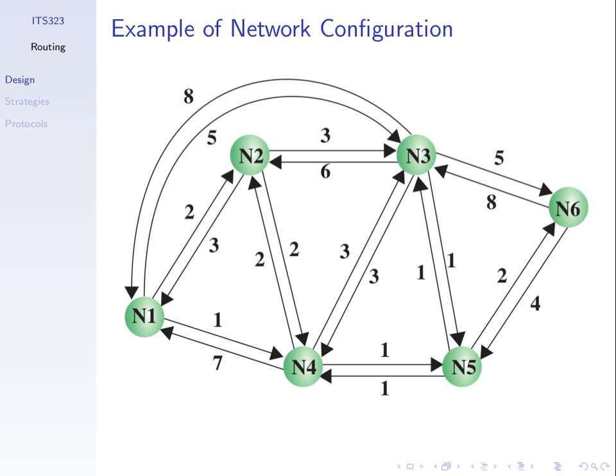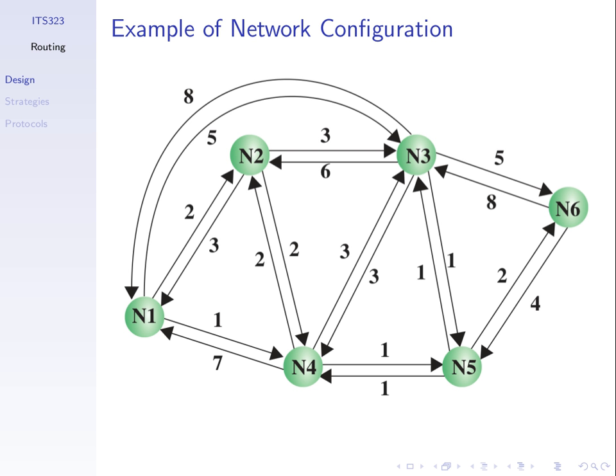What's the least cost path from node 6 to node 1 if we use hops as a metric? Node 6 to node 1. The metric is hops. What is the least cost path? To get from node 6 to node 1, if the metric is the number of hops, what is the full path?